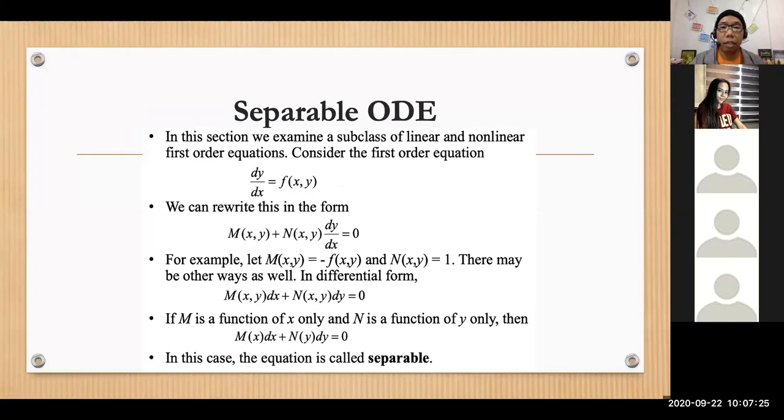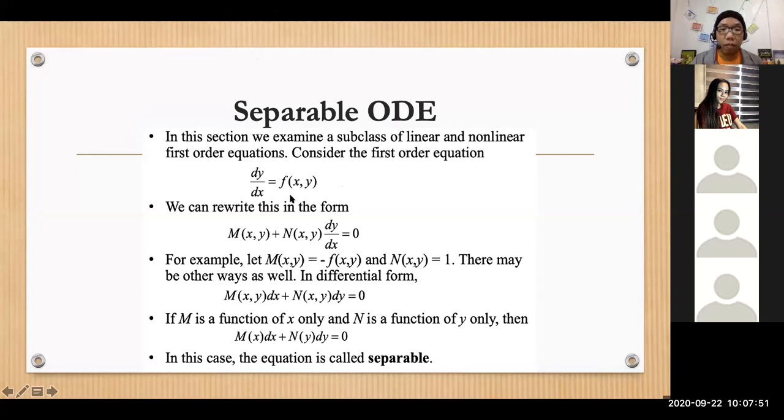Okay, so let's consider this first order differential equation. dy over dx is equal to a function of either x or y, or both, functions of x and y. Take note, this could be both functions of x and y.